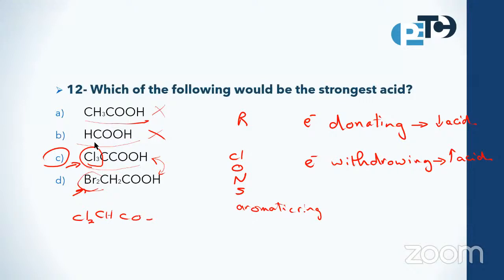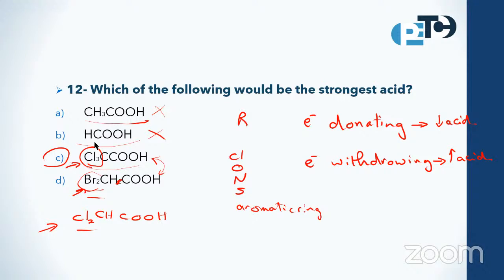By the way, this is not 2. It's like Br2CHCOOH. Which of them is more acidic, the compound containing chlorine or bromine? Chlorine, because of the electronegativity. The electronegativity of chlorine is more than bromine, making the chlorine compound more acidic.